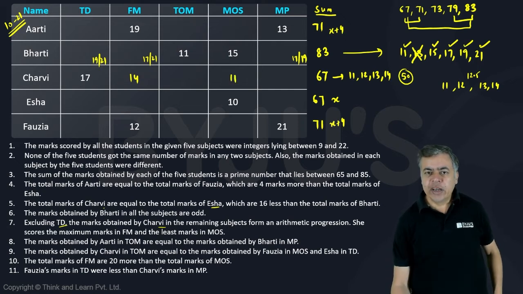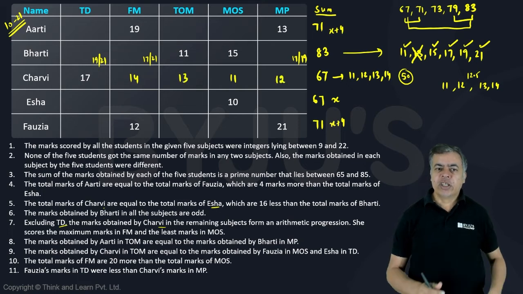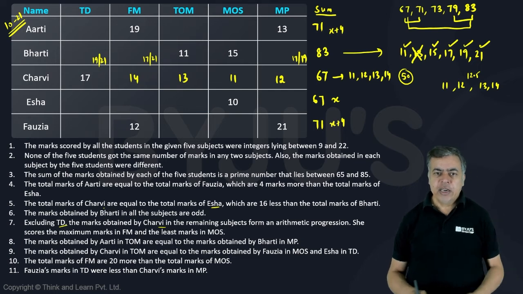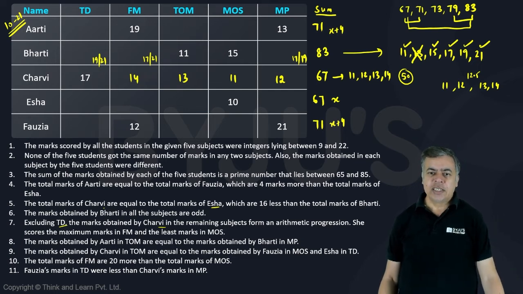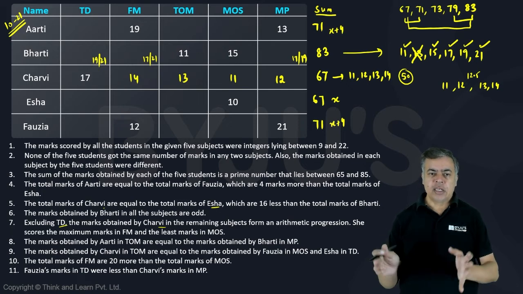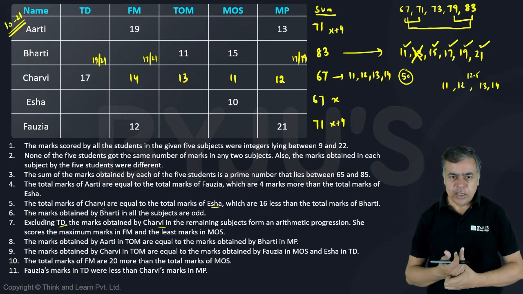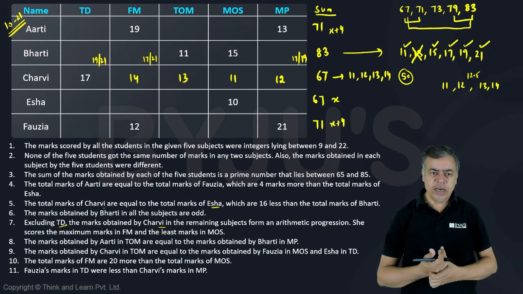Now you know that here 13 is not possible, so it will be 12, and 13 would be here. So we got the scores of Charvi: 11, 12, 13, 14 and 17, so we got the total of 67. The remaining are in AP, and according to the conditions we have filled them.